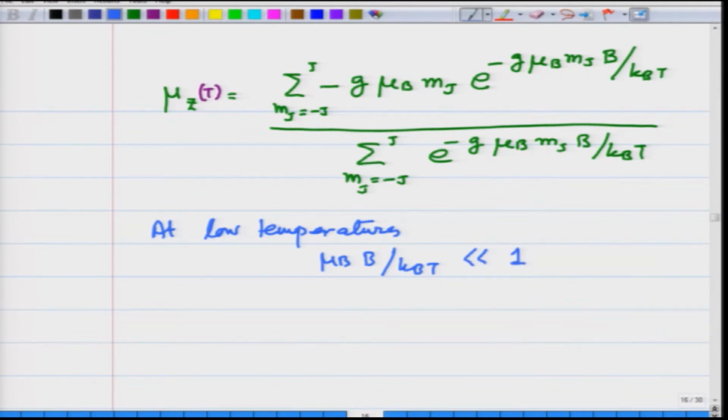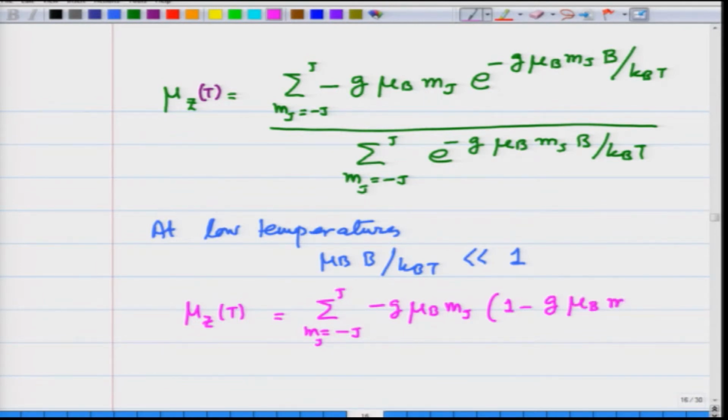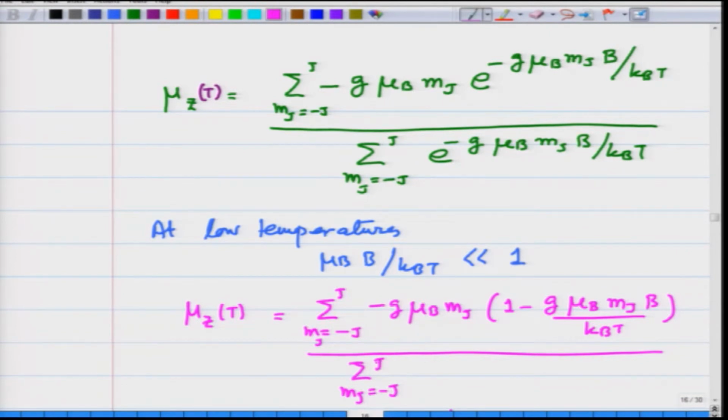Then I can expand this exponential term and write mu z as a function of temperature as equal to the summation over mj, where mj varies from minus J to J, of minus g mu B mj times (1 minus g mu B mj B over kBT), divided by the summation over mj equals minus J to J of (1 minus g mu B mj B over kBT).